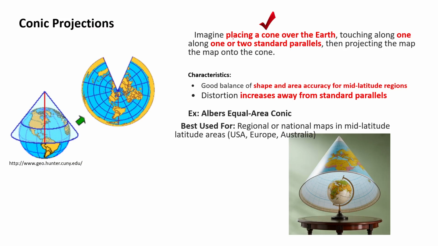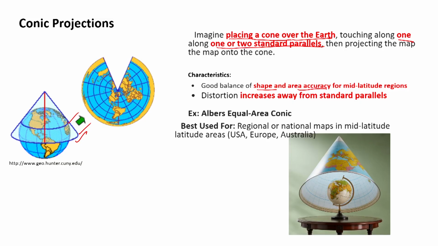Next is conical projection, placing a cone over the earth. Look at this picture, where there is one standard parallel and two standard parallels. This projection system is a good balance of shape and area accuracy.